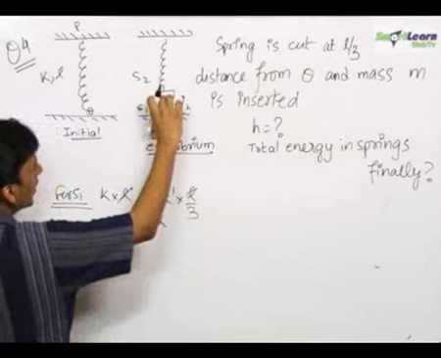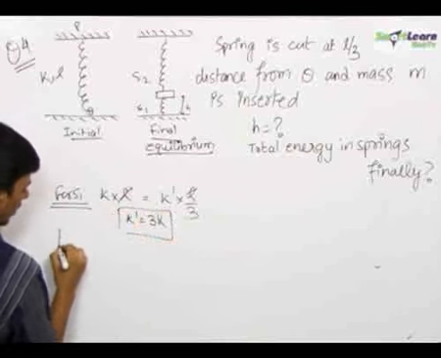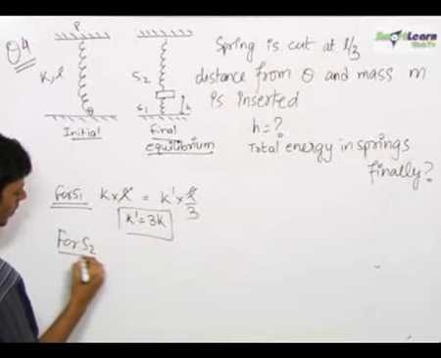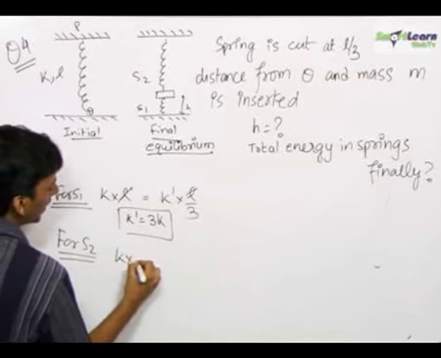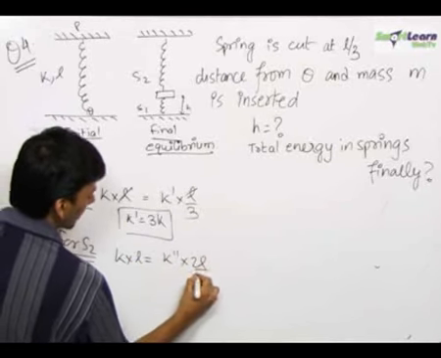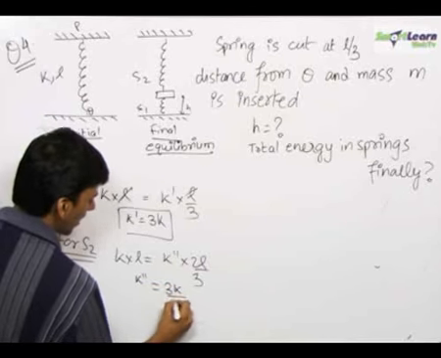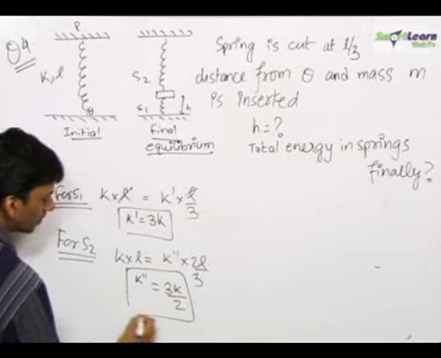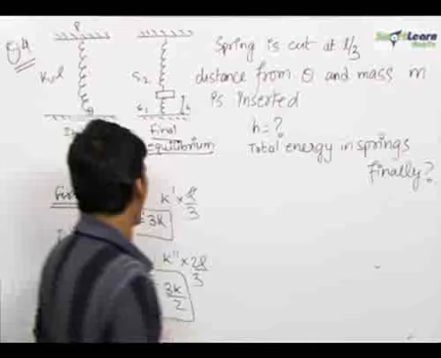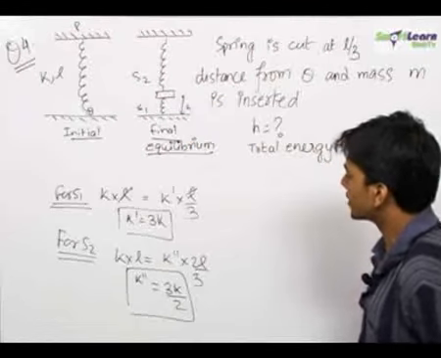So we know the spring constant for this spring as 3K. For S2, similarly we get K into L is equal to K double dash into 2L by 3. Therefore we get K double dash is equal to 3K by 2. So we now get the spring constants for both springs S1 and S2.